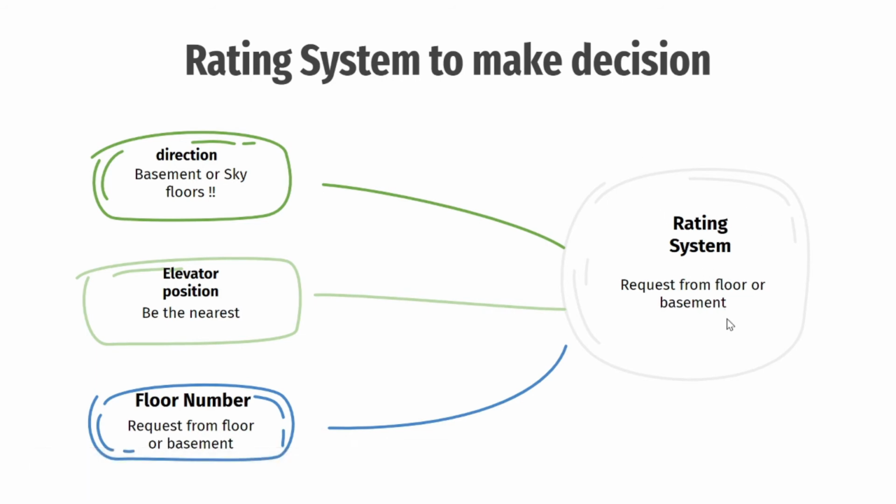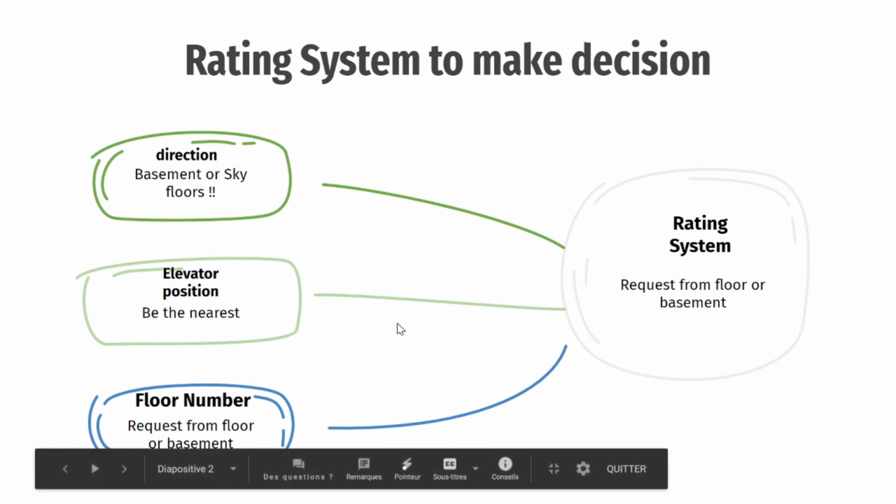The rating system is an integer attribute in the elevator class, and we put some calculation to base it on the direction you are in, where you are, basement or sky floors, the elevator position, the nearest will be given a bonus, and the floor number and the origin.